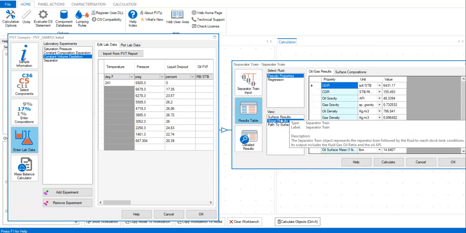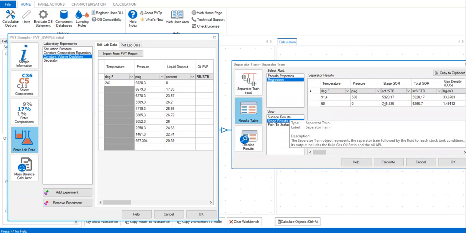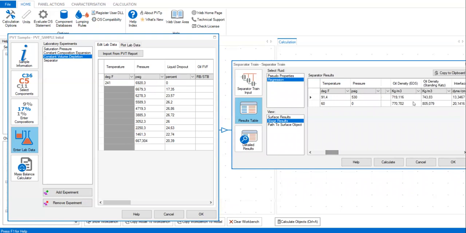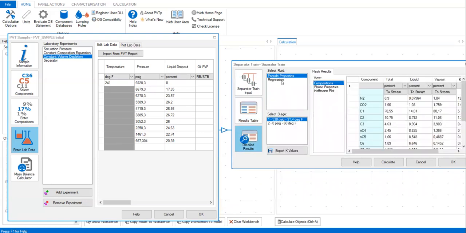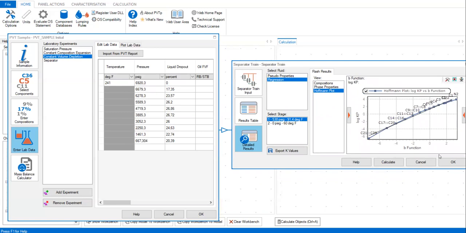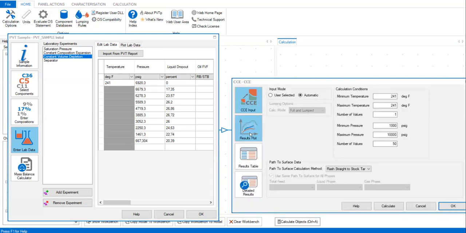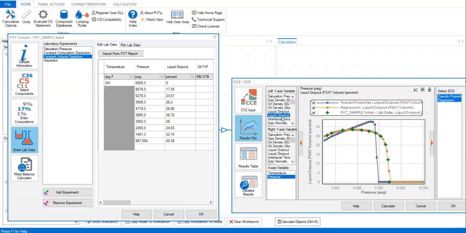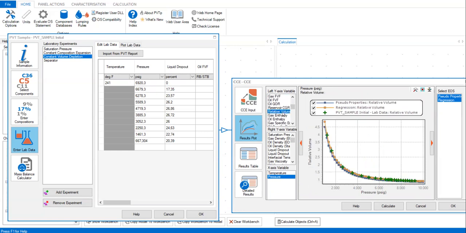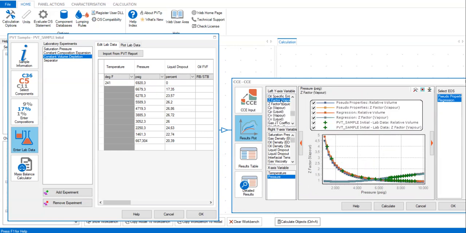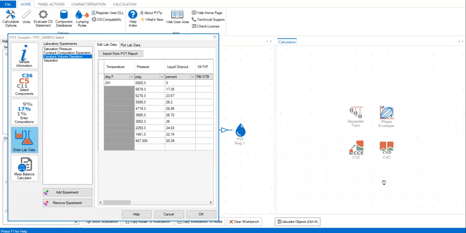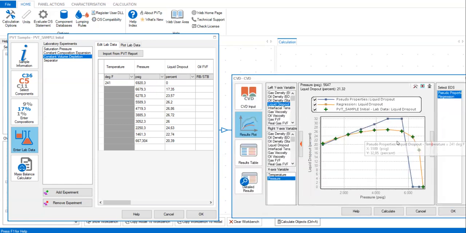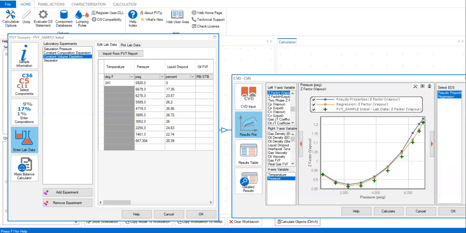Also the separator result for the GOR, and for the density, it gives a good Hoffman plot, and also the CCE: liquid dropout, saturation pressure value, relative volume, and the Z factor for vapor phase. And lastly, for the CVD, very good in liquid dropout and also good for the Z factor for vapor phase or gaseous phase.